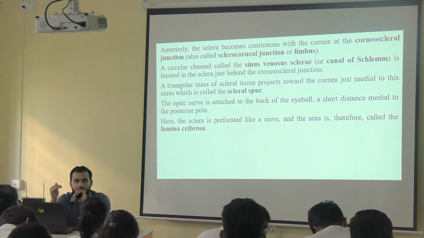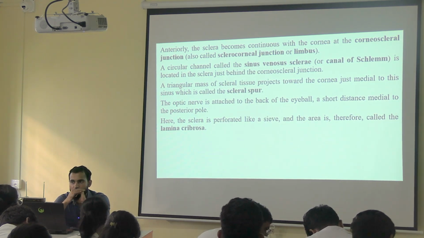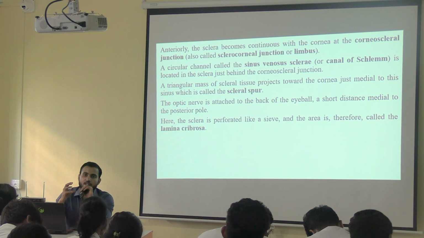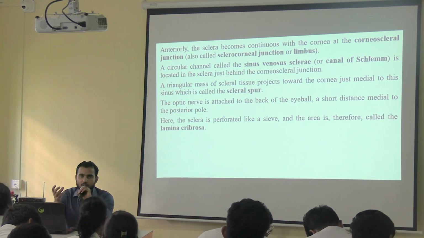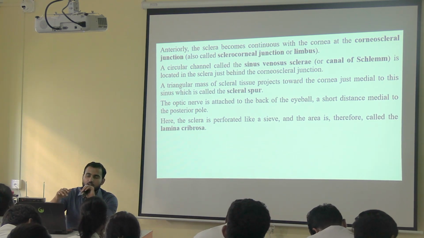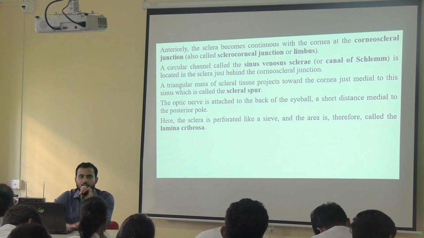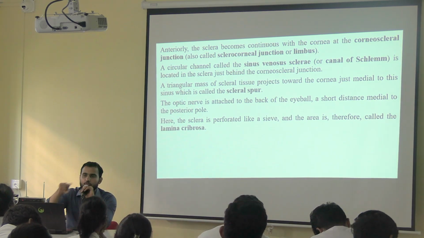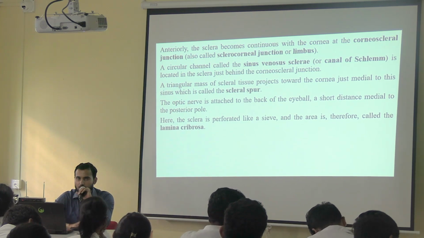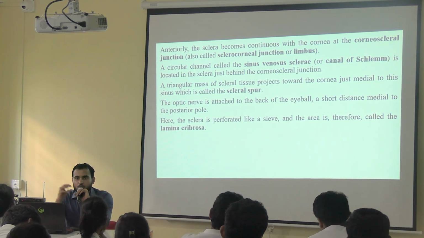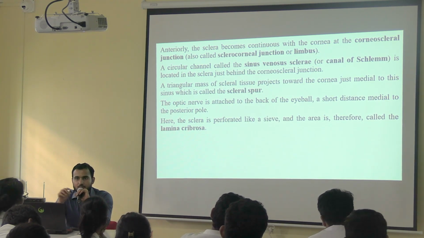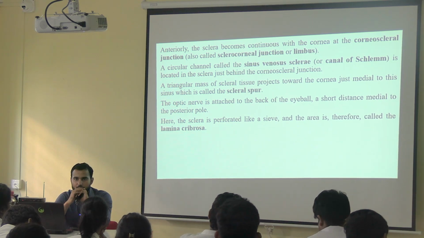That means the aqueous humor is going back into the venous system. Aqueous humor, what is it? Once it is produced, after it serves whatever function it has, it goes back into the venous system. So a continuous flow is taking place. When it goes to the venous system, it goes through the Canal of Schlemm.